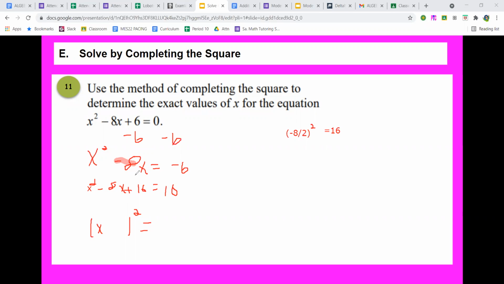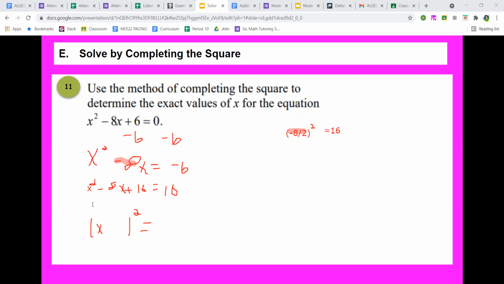You can use the same strategies that we practiced in the earlier slides, factoring, factors of positive 16 that add up to negative 8. But there's a trick, and that trick comes from this here. So whatever this simplifies to, negative 8 divided by 2 is negative 4.